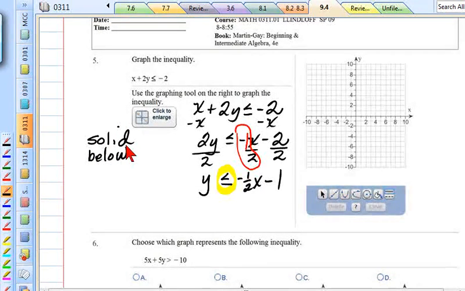Where will I begin to graph the line part of this? At negative 1. And the slope is, I have put the negative sign with the numerator, so it's negative 1 over 2, which is down 1, right 2. And once you have that information, then I will enlarge the graph for those of you in the class.